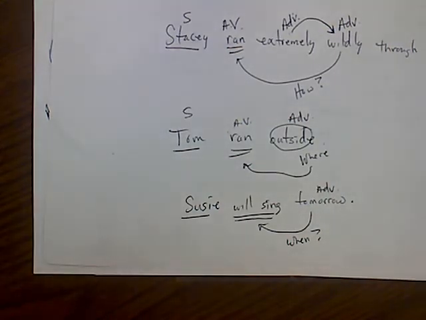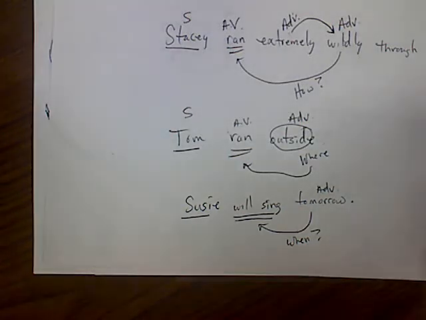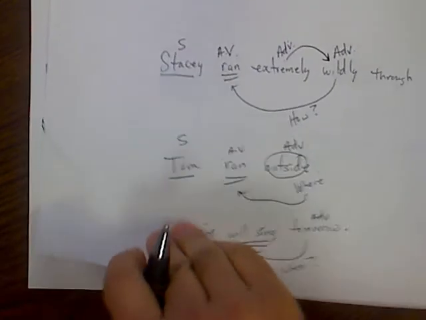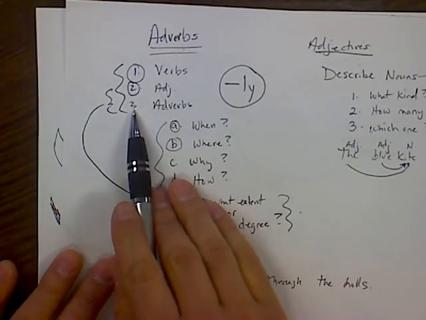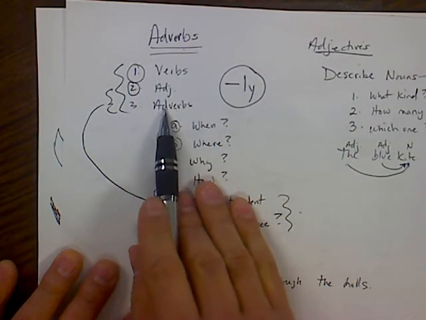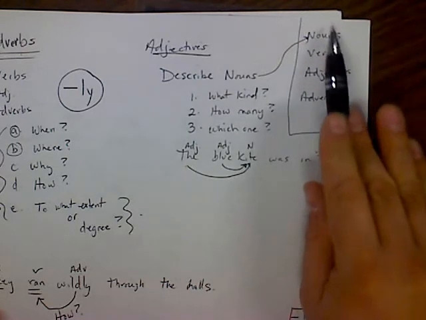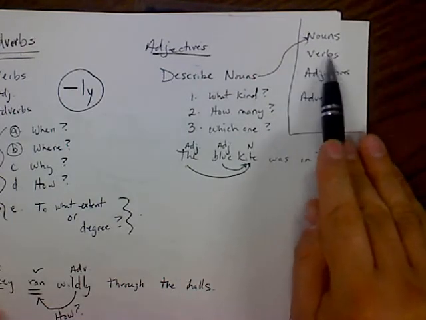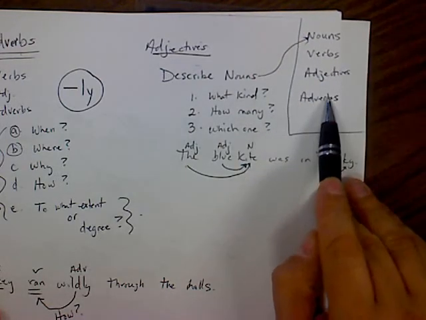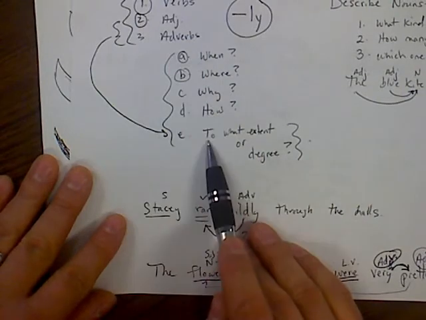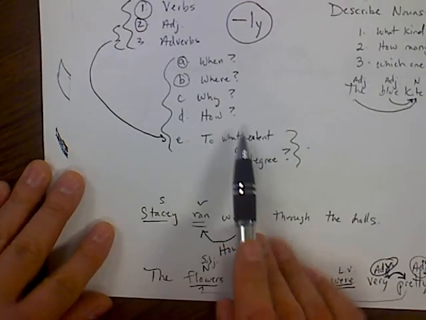Okay? So, basic adverbs, just as a review, what you need to know, they modify 3 different parts of speech: verbs, adjectives, and adverbs. That follows our list down from the second down to the bottom. They answer 5 different questions. You're going to need to remember these.